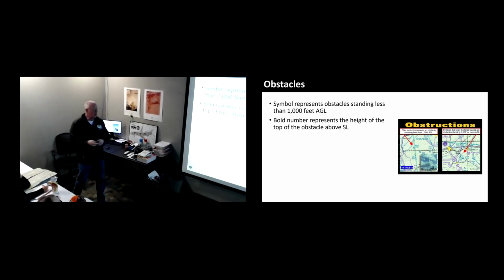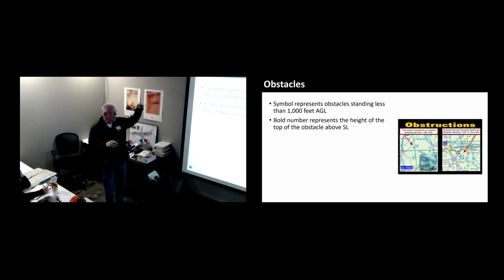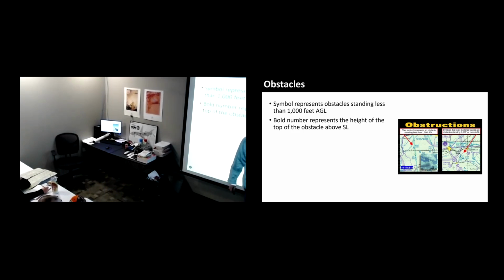Okay. The bold number, you're going to see two numbers next to that obstacle. The bold number on top represents the height of the obstacle, or not the height, I'll call it the elevation. The elevation of the top of the obstacle above sea level, right? So this is going to be 632, the top of this obstacle is 632 feet MSL.